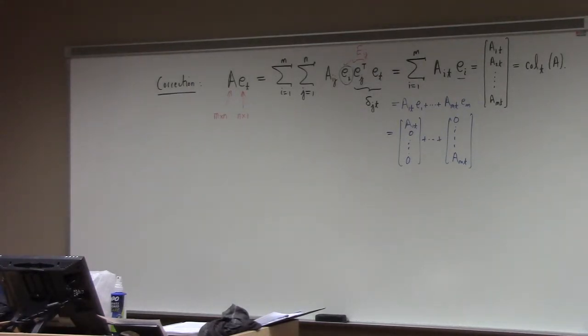Woohoo! There it is. And so that is why we do the definition: if A is n by n, and there exists B in n by n such that AB equals I equals BA, then A inverse is equal to B, and we say A is invertible.